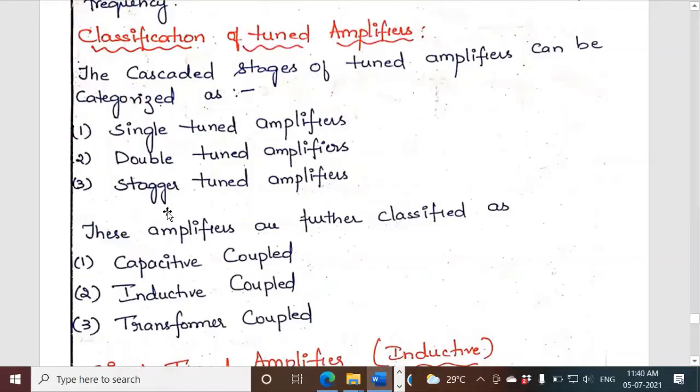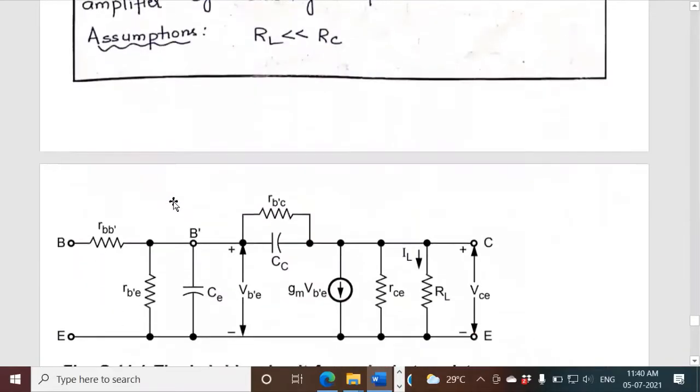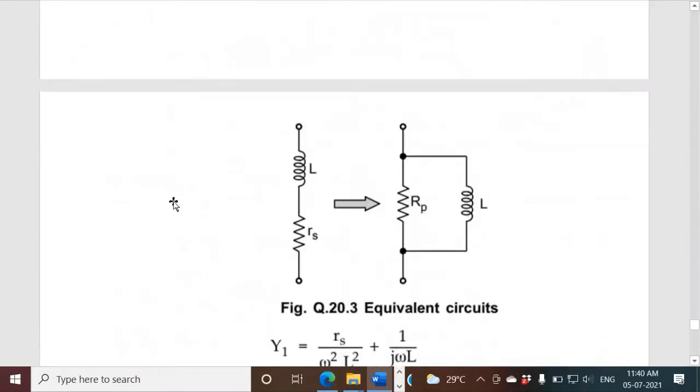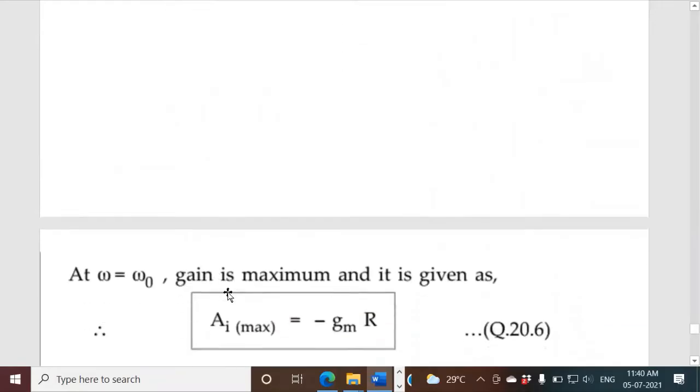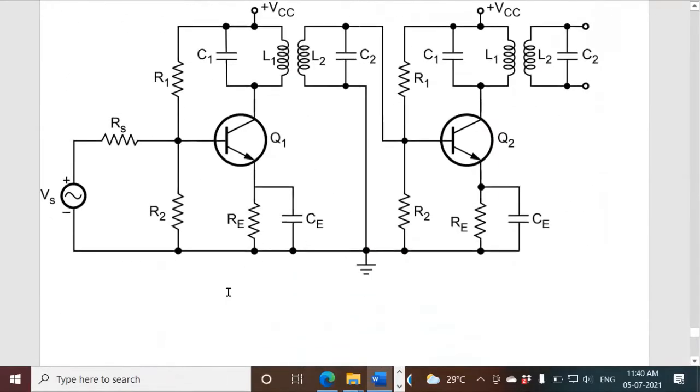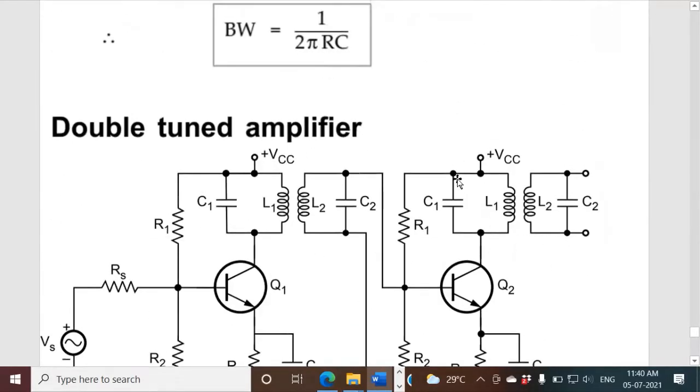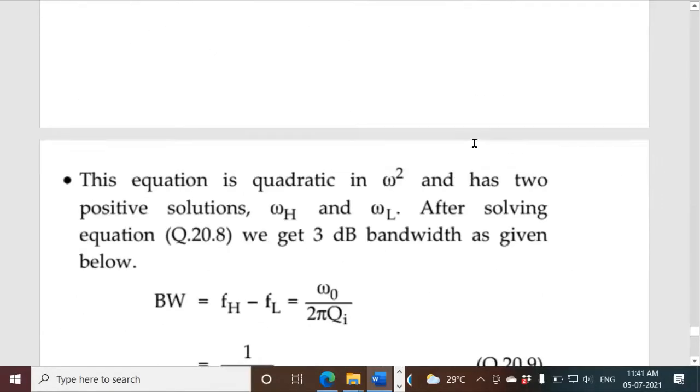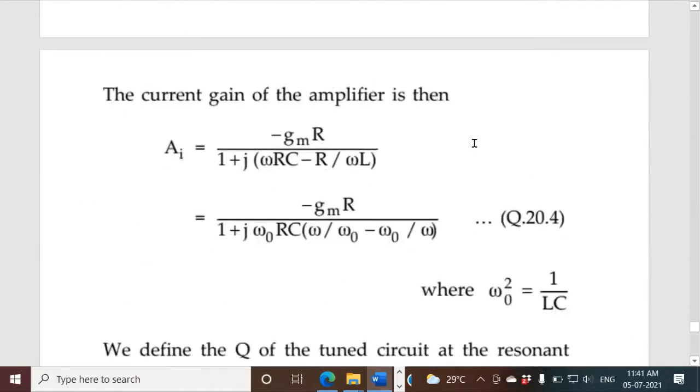So here we are making use of two tuned circuits. If we make sure that the resonant frequency of this tuned circuit and the other tuned circuit is different, then we say it is a stagger tuned circuit.